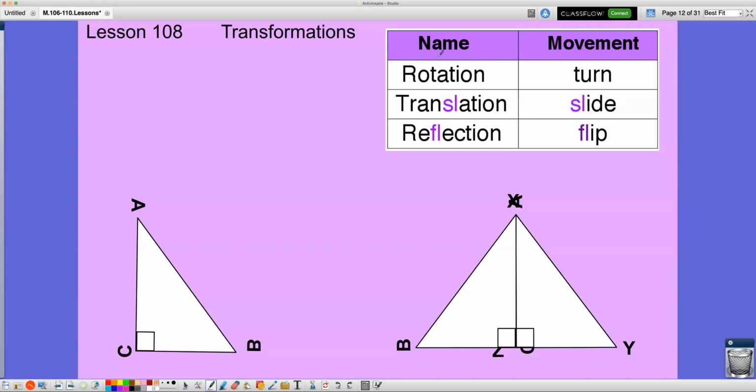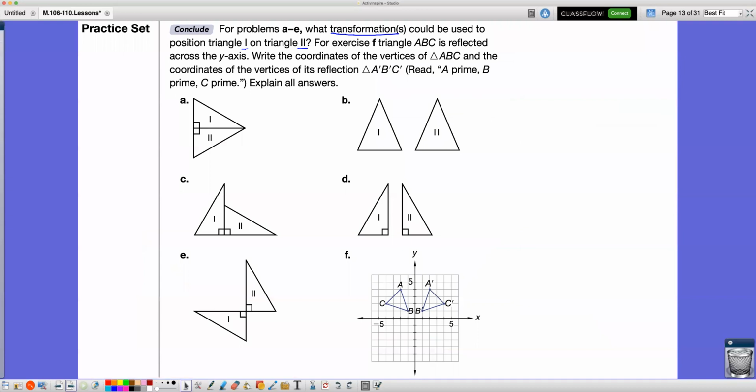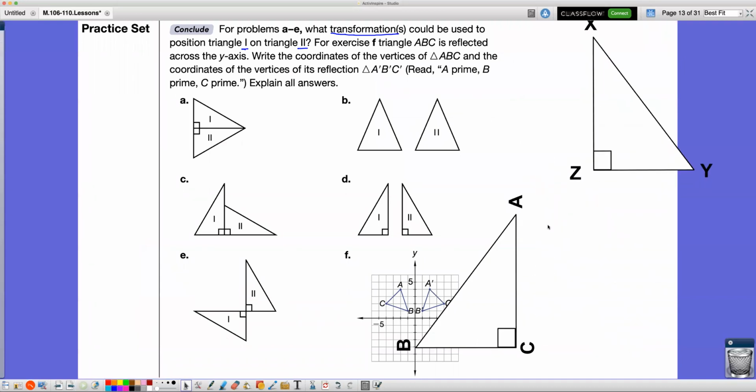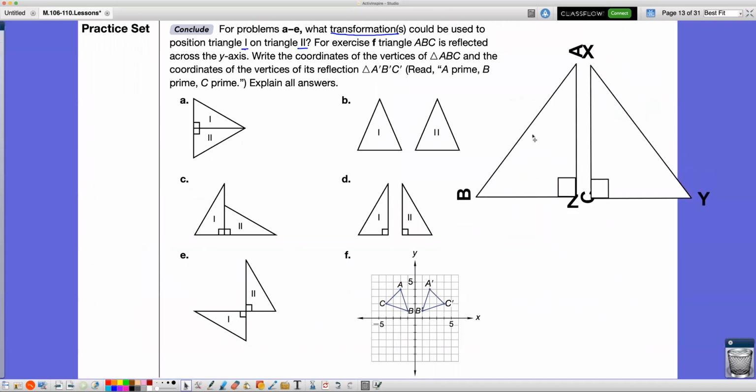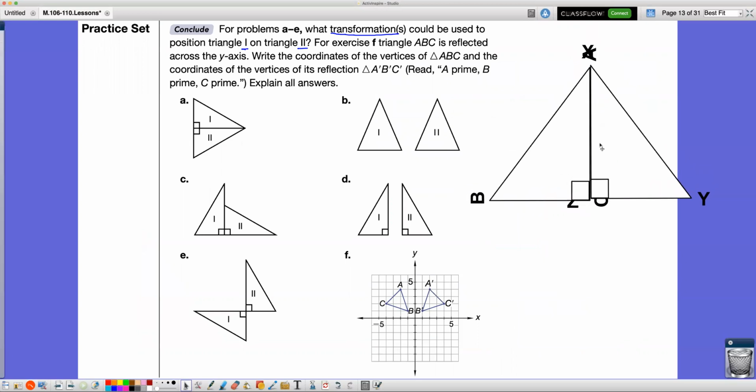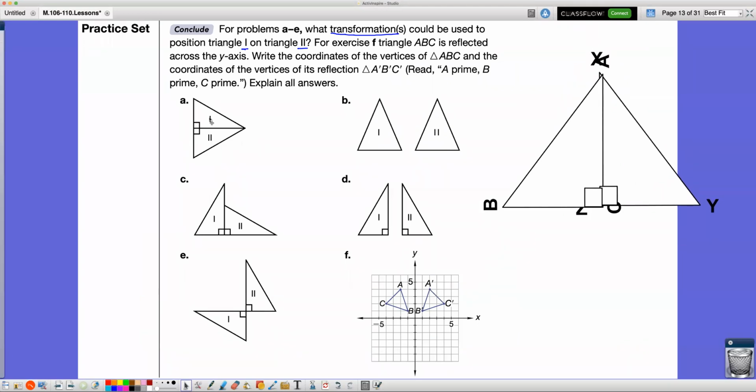And all that means is whether you're going to rotate it, slide it, or reflect it. So let's bring over a couple of these examples, these two pieces here, and I'm going to bring those over to this other page so that we can manipulate them on this page as well. But what do you think it takes to do this set here from triangle 1 to triangle 2?